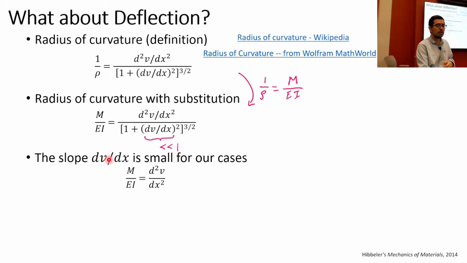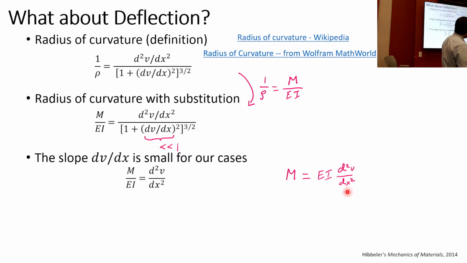This is not quite what I would write on your formula sheet, but it's this one that I would write on your formula sheet. You guys are smart, I know you are.